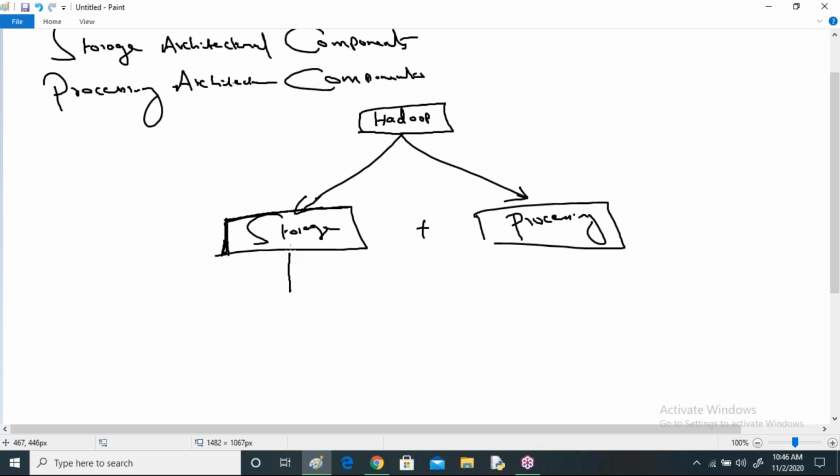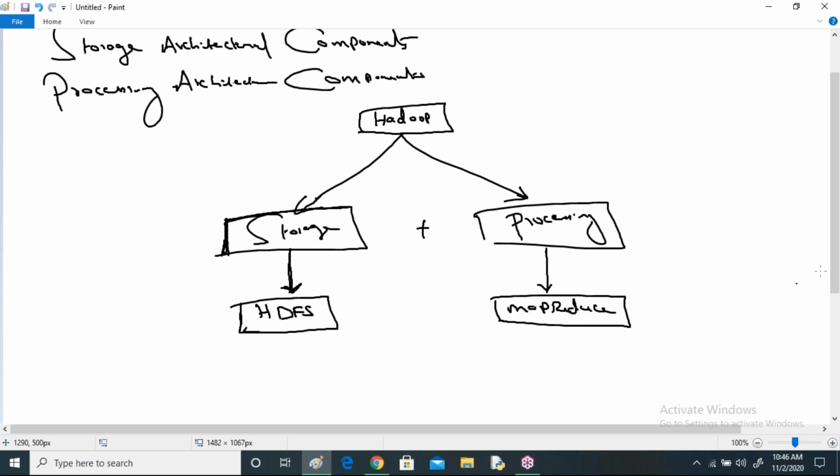So instead of databases, Hadoop uses a file system called Hadoop Distributed File System, HDFS. And for processing, Hadoop doesn't use any current technology. It uses a parallel processing model, MapReduce.